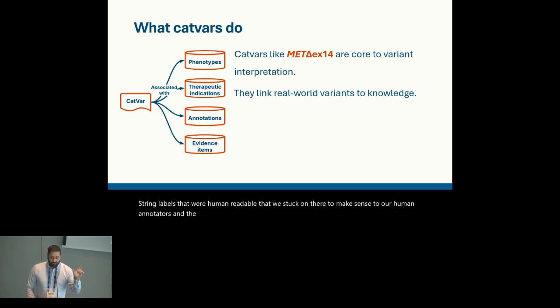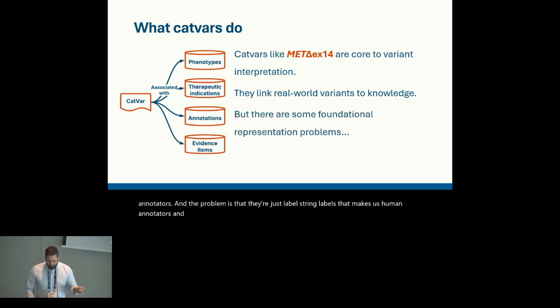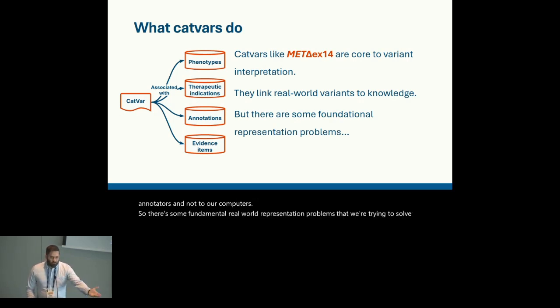And the problem is that they're just labels, string labels that make sense to human annotators and not to our computers. So there's some fundamental real-world representation problems that we're trying to solve here, or at least provide a starting solution for.